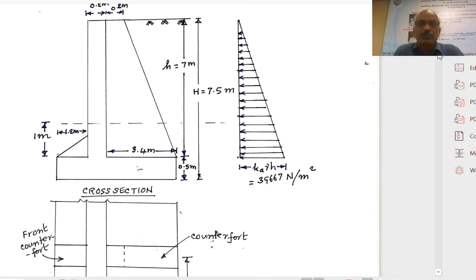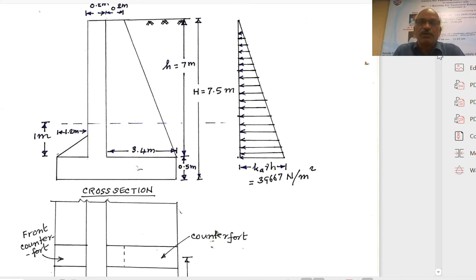When front counterforts are absent, the toe slab will have to be designed as a cantilever slab fixed with the vertical upright slab, as we have done in the case of a cantilever retaining wall. So the design is not new. Depending upon the presence or absence of front counterforts, we have to design.